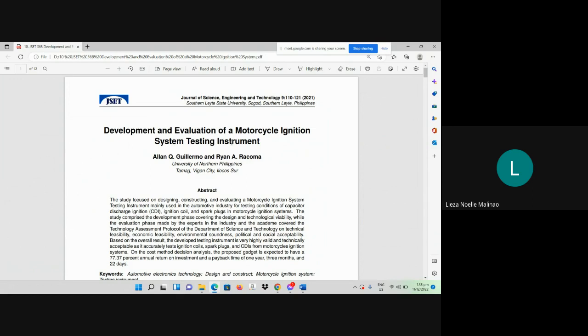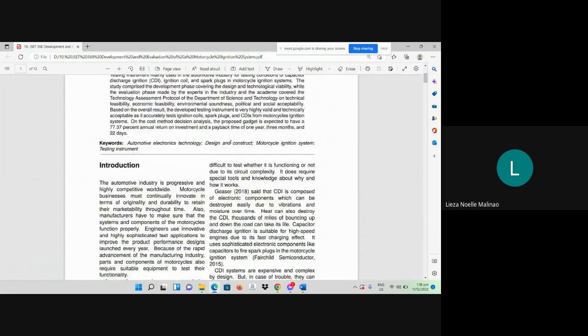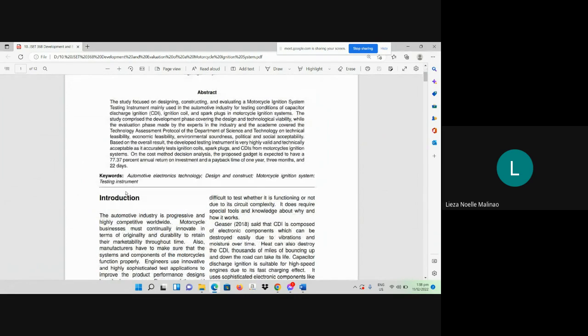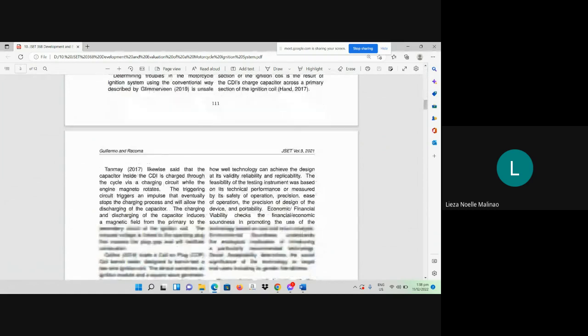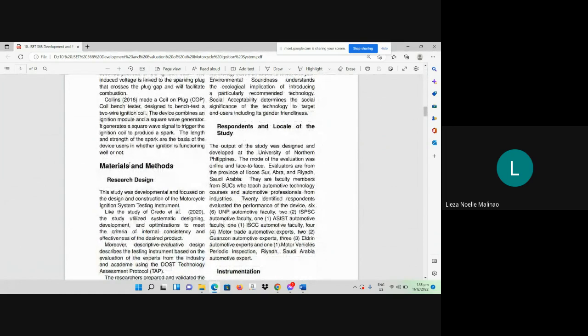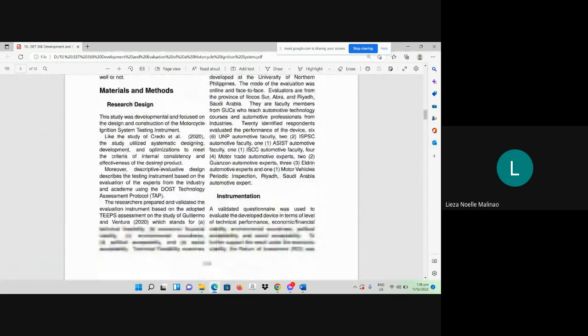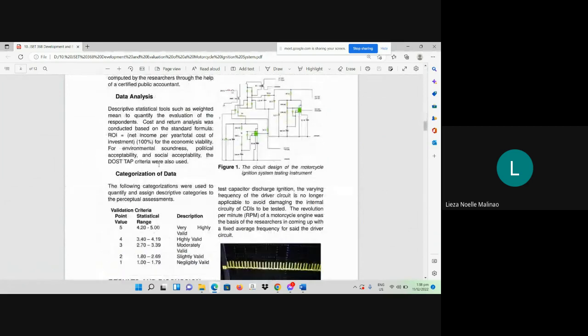Let's just scan through the article and let's see what we can find. So there's the abstract here, there's the introduction here, and then here is the materials and methods section. We want to go to the results section.